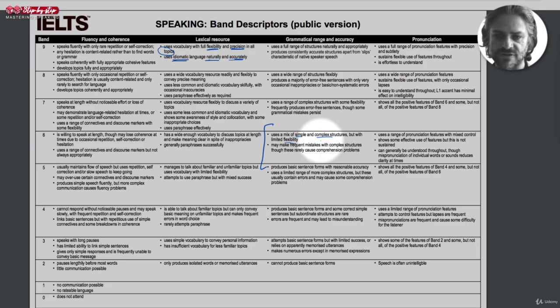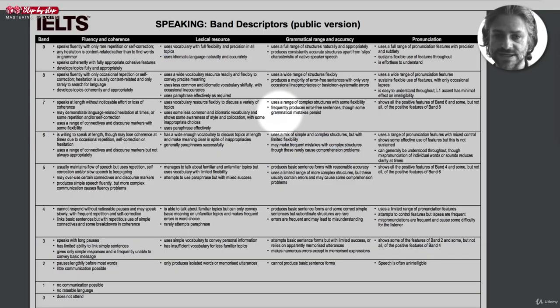So complex structure is very important, and you make frequent mistakes with complex structures, but at least you try. And even though they are mistakes, they seldom or rarely cause comprehension problems. So at least you're trying to show off your complex language, but yes, you do still make mistakes. That still gets you a 6, which is not bad.